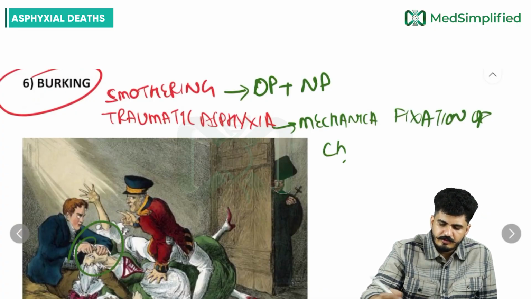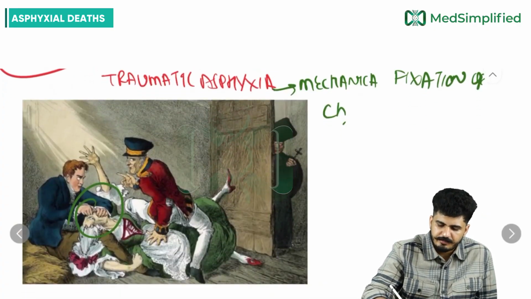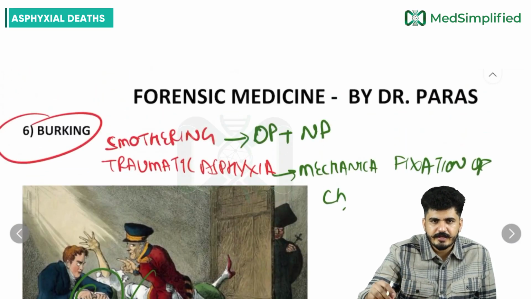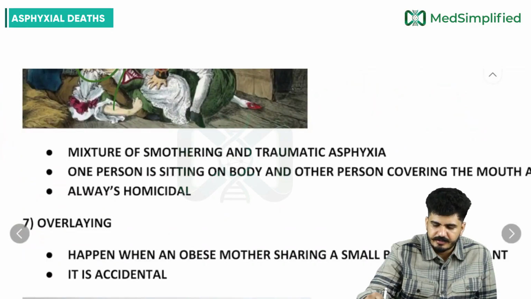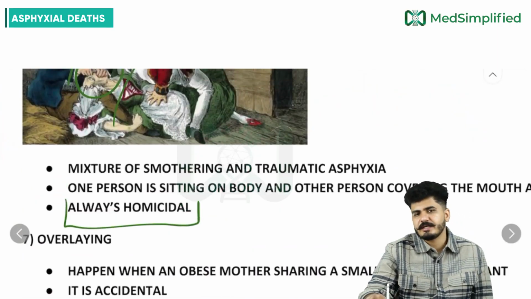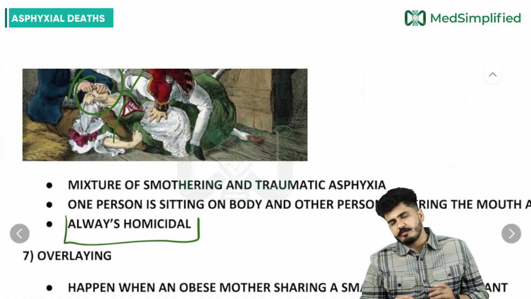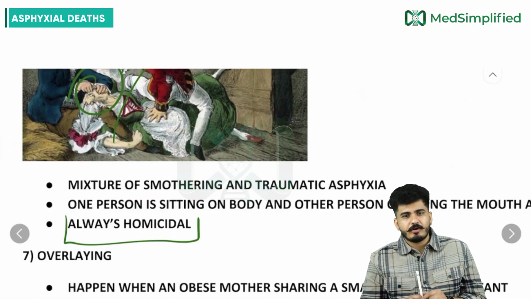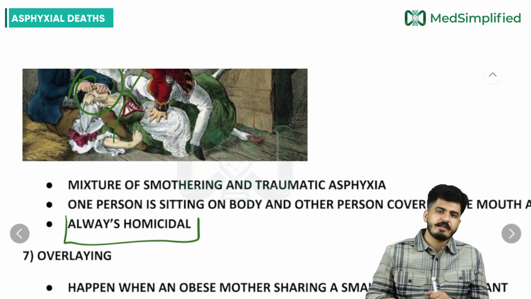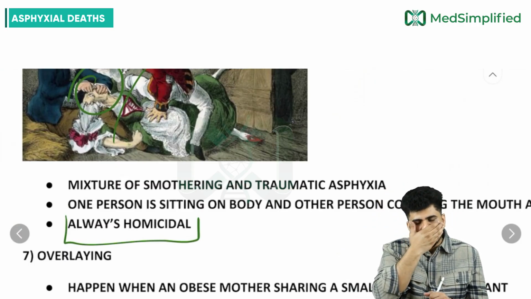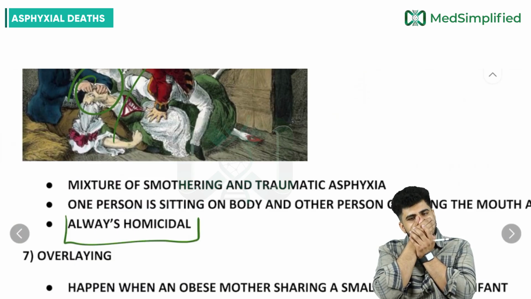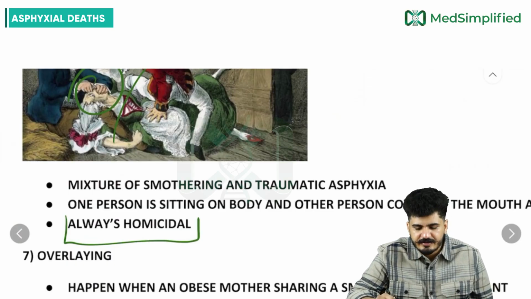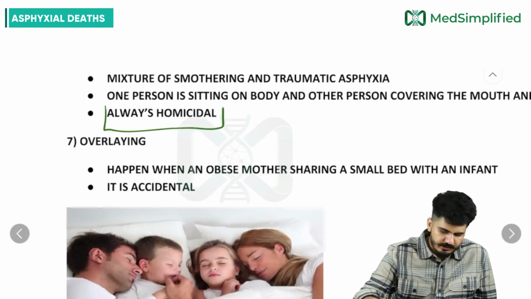One person is closing the nasopharynx or oropharynx, while the other person is climbing onto the chest. This is a combination of both smothering and traumatic asphyxia. This is called burking. And burking is always homicidal. It can't be suicidal. It needs at least two people, or one person who puts one knee on the chest, compressing the chest, and with the other hand closes your oropharynx and the nasopharynx, my dear friends.